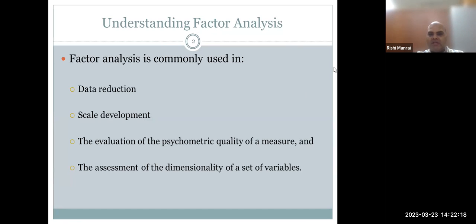Scale development is a procedure where you develop a standardized scale for a particular phenomenon. For example, I work in the domain of technology adoption. In technology adoption, there are certain scales and models like UTAUT, the Technology Acceptance Model (TAM), and the Diffusion of Innovation model (DOI).